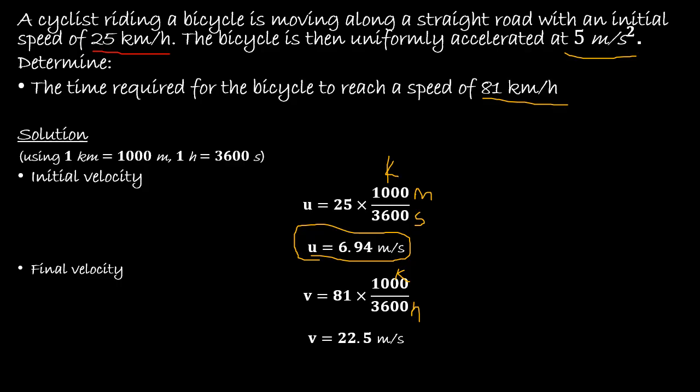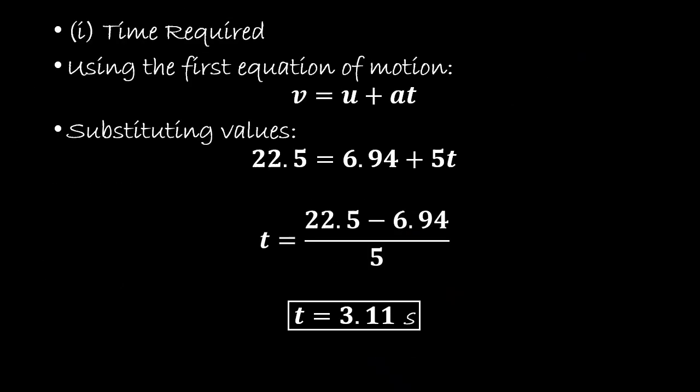So it's going to be 81 multiplied by 1,000 meters all over 3,600 seconds, and we are going to get 22.5 meters per second. You get it? Without this conversion, if you just do it in kilometers per hour, you think you've done it, you've used the equation to solve it, but because of the unit, you'll be wrong. You get it? So let's move on.